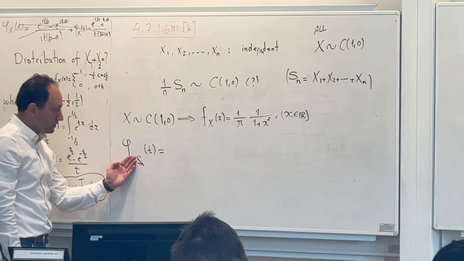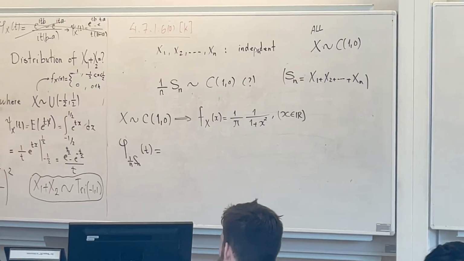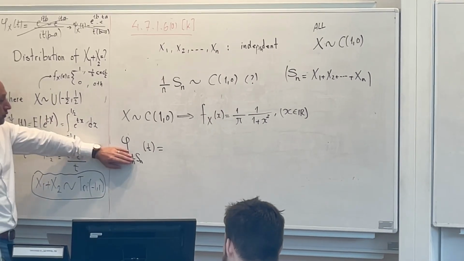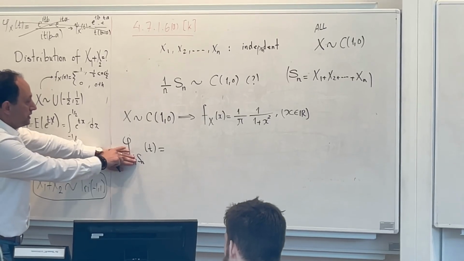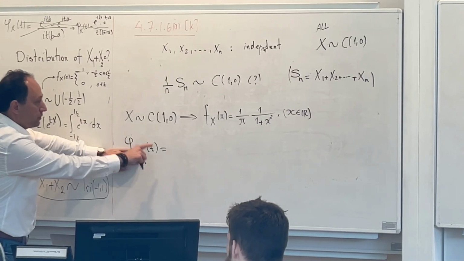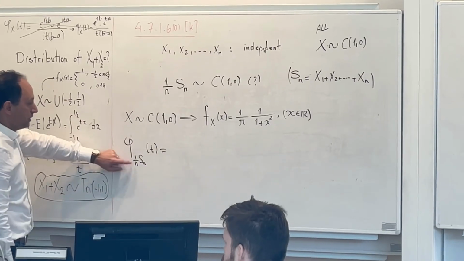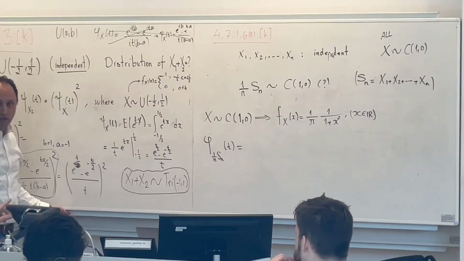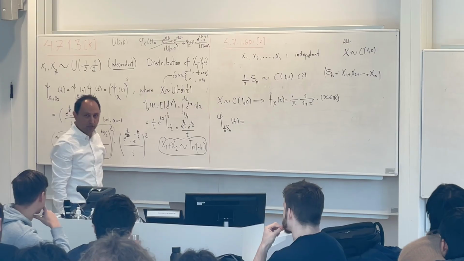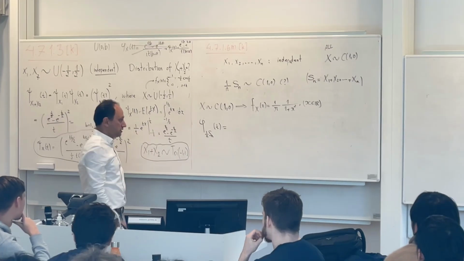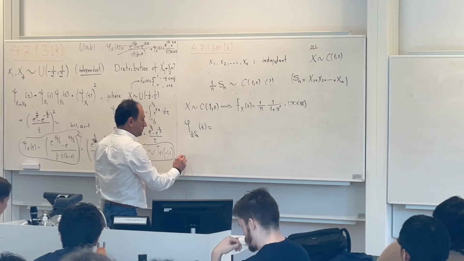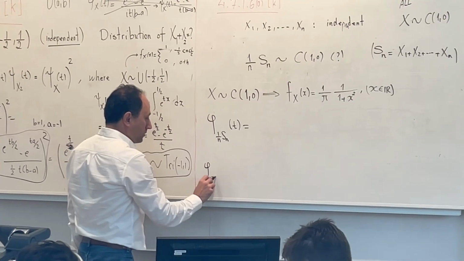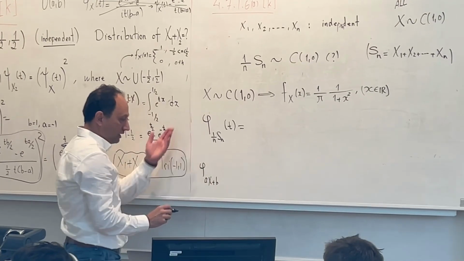Yes, if this was not there, I have a similar theorem for characteristic functions as well. So if 1 over n was not there, I could have written it as phi of x1 times phi of x2, etc. But first of all, what can I do with this 1 over n? Yes? Can you move it inside of it? Do you know why? Okay, so yes, that's not very hard. So if I have phi of a times x plus b, so that's a generic thing I want to say.